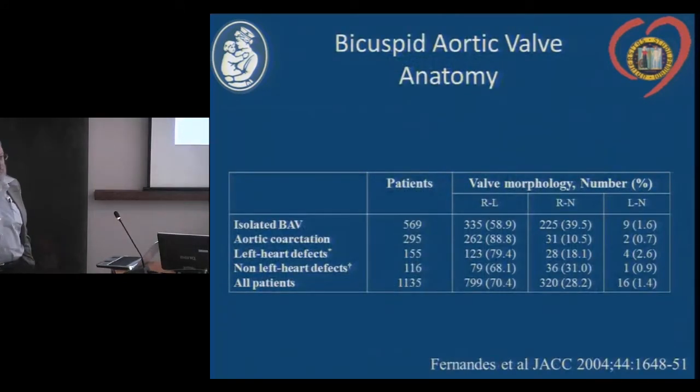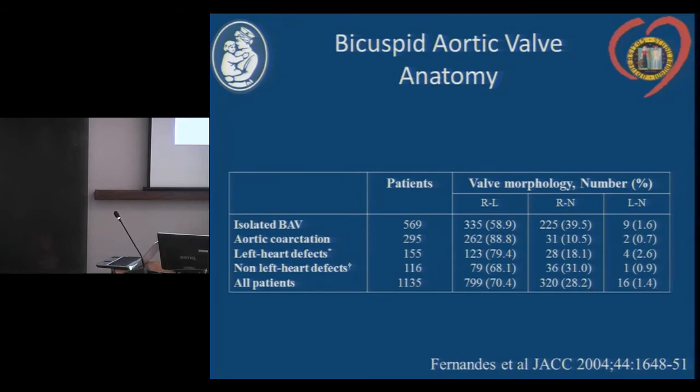The anatomy is interesting as well. These are data that Sue Fernandez did at Children's some years ago. We actually did the first study of this, and then she came in and repeated it a few years later. But if we look at all patients, we did a study here of almost 1,200 patients with bicuspid aortic valve from the echo database to see what the morphology of the valve was.